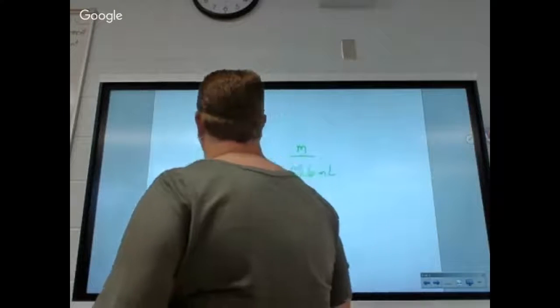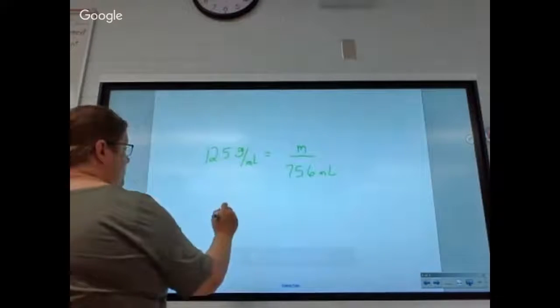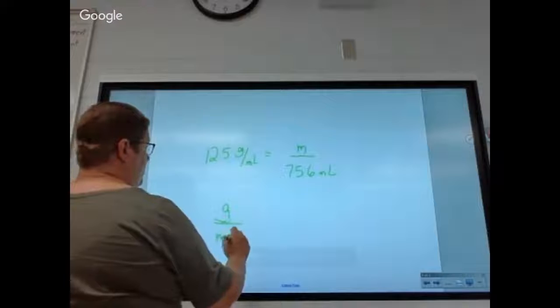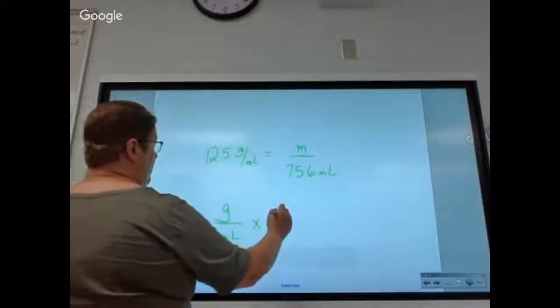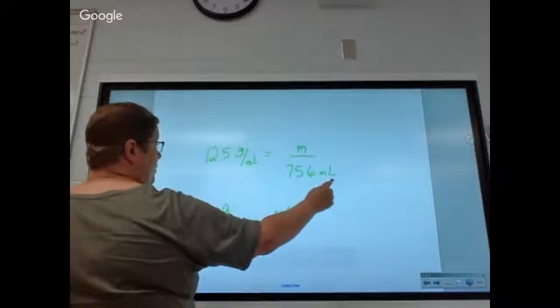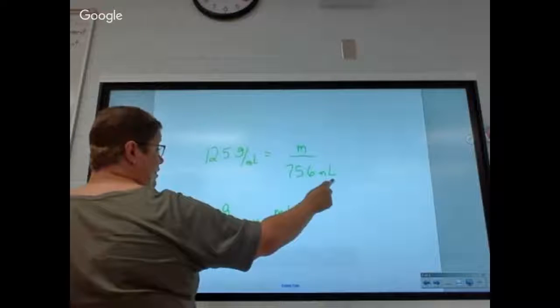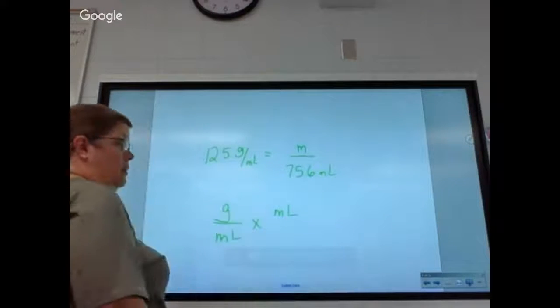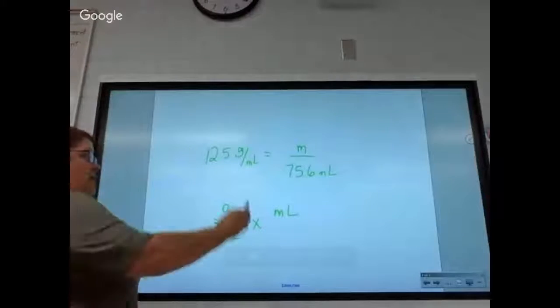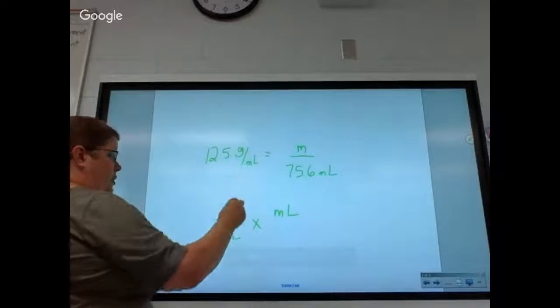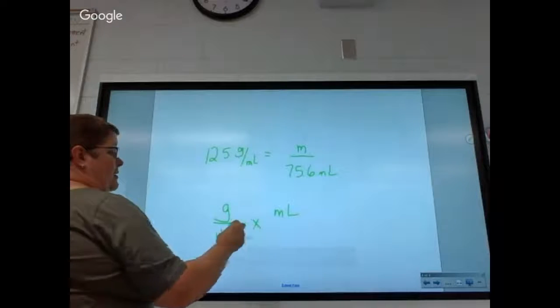Now you're multiplying these, right? So this is grams over milliliters, and you're multiplying it by a milliliter. Well, that's a whole number, or essentially it's not a fraction, correct? So it's in the numerator. This is grams over milliliters, so that's a numerator, and that's the denominator.